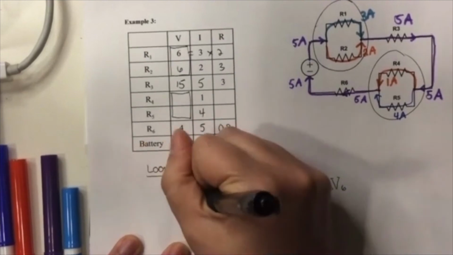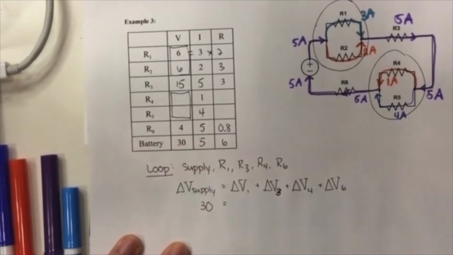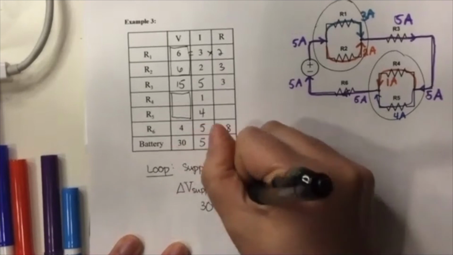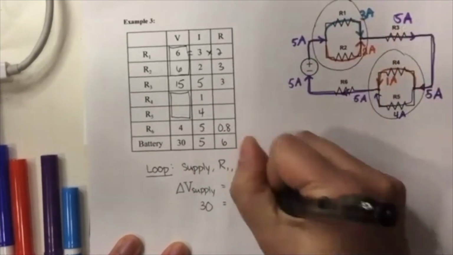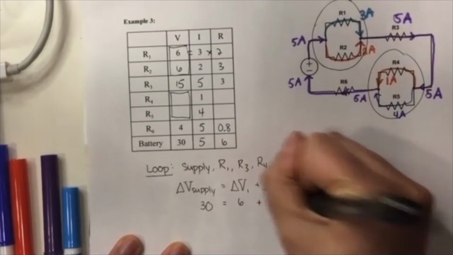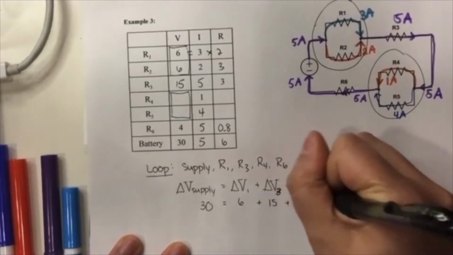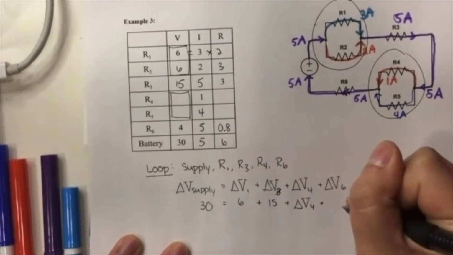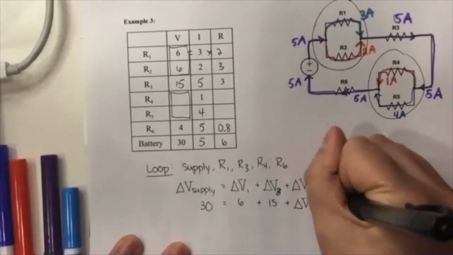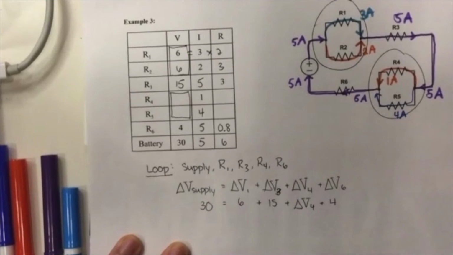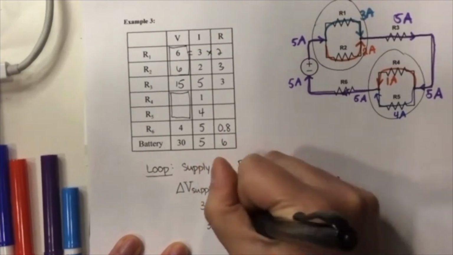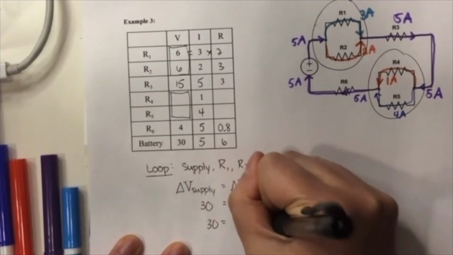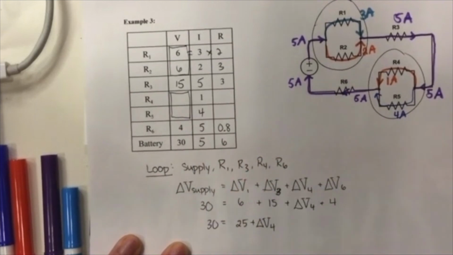So if an electron was given 30 joules of energy to start, 6 of them is used up in the first resistor it meets. 15 is used up in the second resistor it meets. I don't know the voltage of 4, but R6 uses up 4 more. That must mean that there was 30 volts in, 25 volts used, so 5 volts must be left over.